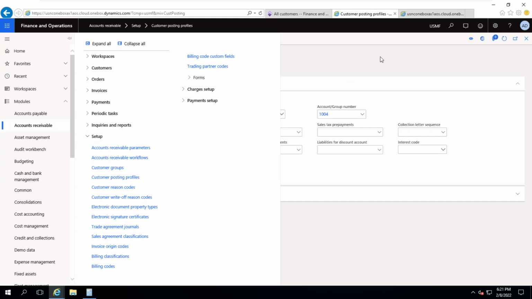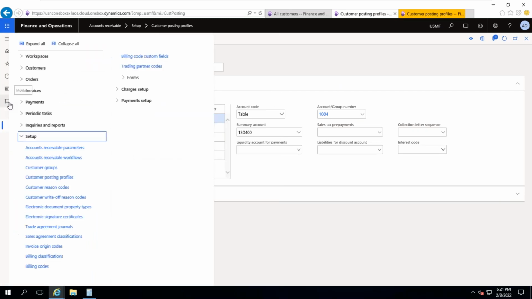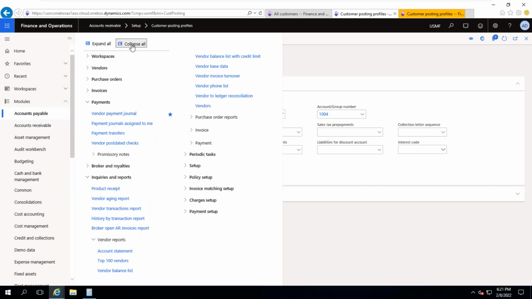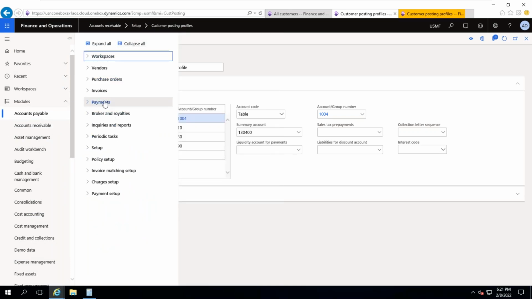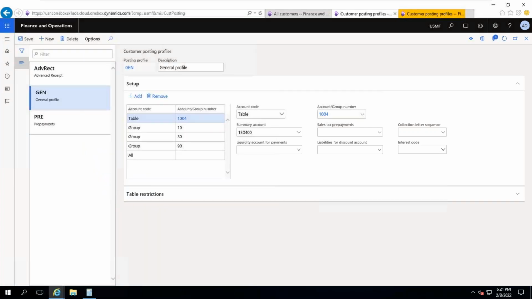Give me a minute, it is loading. So for customers, we saw here. Okay, for vendors also, for vendors, it is in accounts payable module, collapse all, setup, vendor posting profiles.